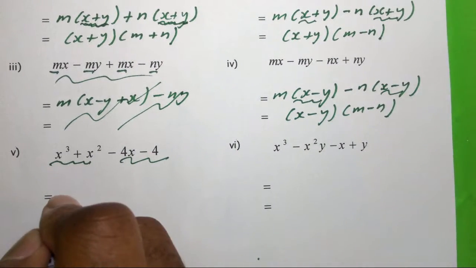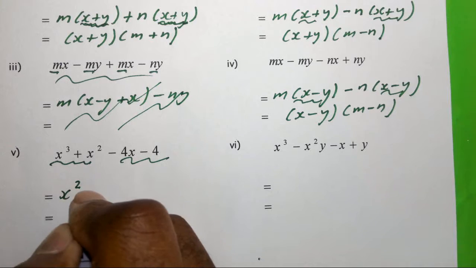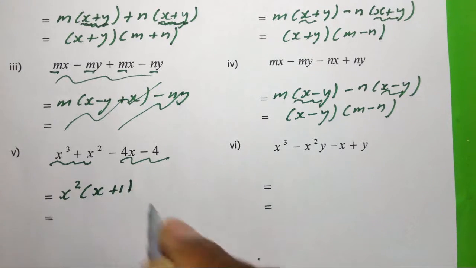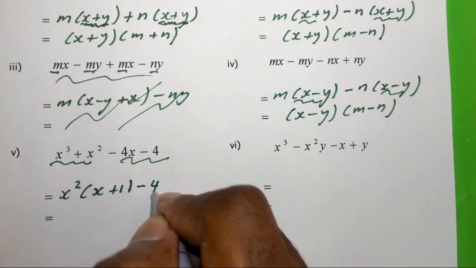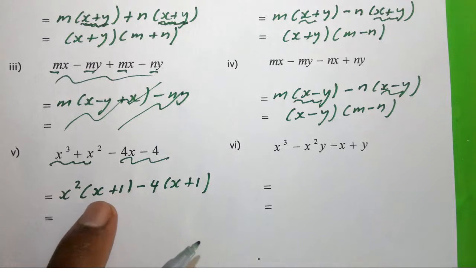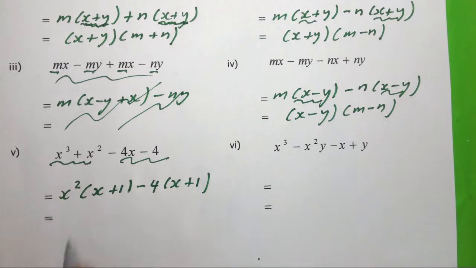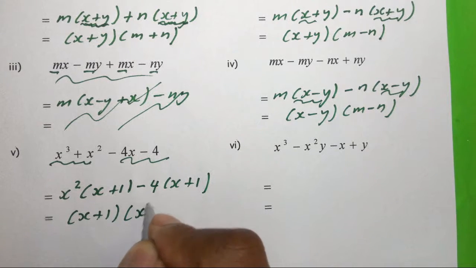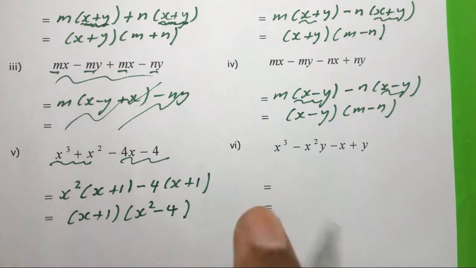What is a common factor here? It's x squared, then I have bracket x plus 1, minus 4 common factors, x plus 1. Then I have another common factor, which is x plus 1. Then if I pull x plus 1, you're left with x squared minus 4.